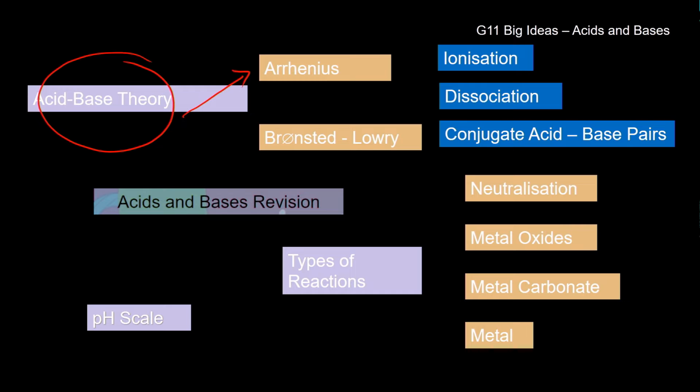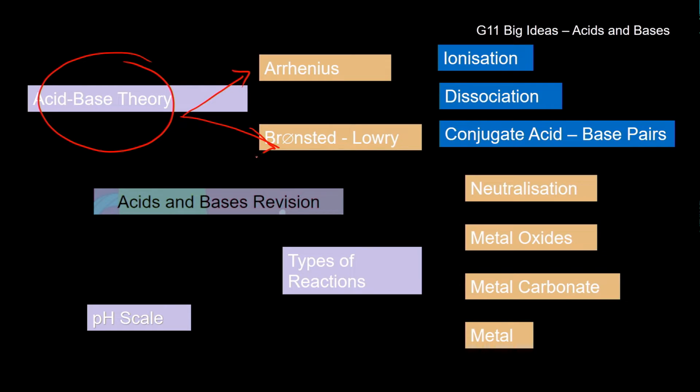His theory had limitations, and so two guys who were working on opposite sides of the earth, Bronsted and Lowry, came up with, can you believe it, the same theory simultaneously. We're going to have a look at their theory as well. Part of this is knowing what ionization is, knowing what dissociation is, and working out conjugate acid-base pairs. So we will look at that too today.